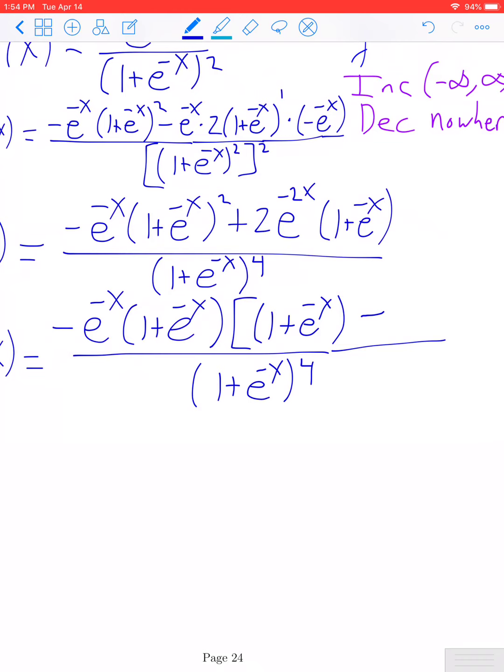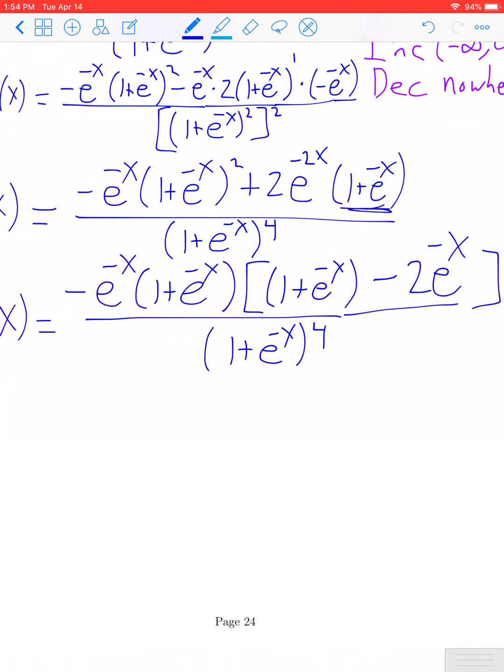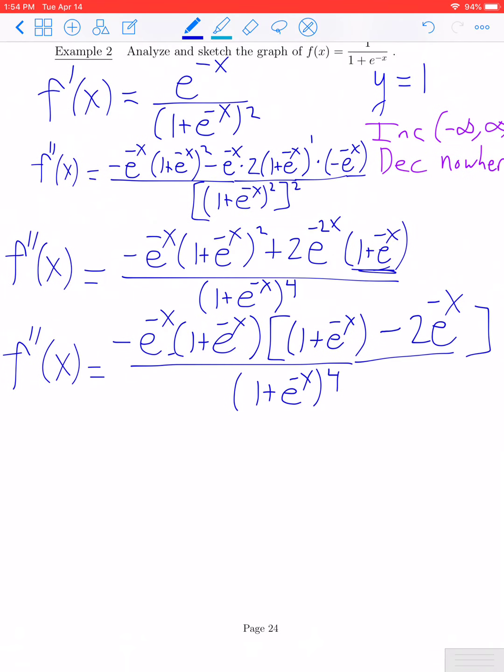Subtract, this is now going to be a 2. If I pulled out one of the e to the negative x's, I'll still have a negative e to the negative x here. And then this factor here, that's what's pulled out, so now it's gone. This factor will cancel with one of the ones in the denominator.